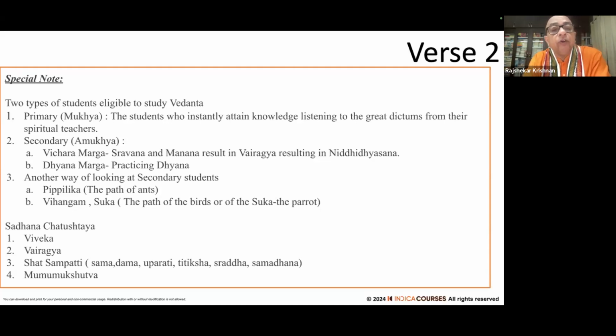One is Vichara Marga, where you have Shravana and Manana, and you constantly engage yourself with the text or with what the teacher has to say, and that develops Vairagya, which results in Nididhyasana, or your internal absorption of the message and living the message. So purely in terms of the English language, you can say Shravana and Manana is becoming, and Nididhyasana is being.